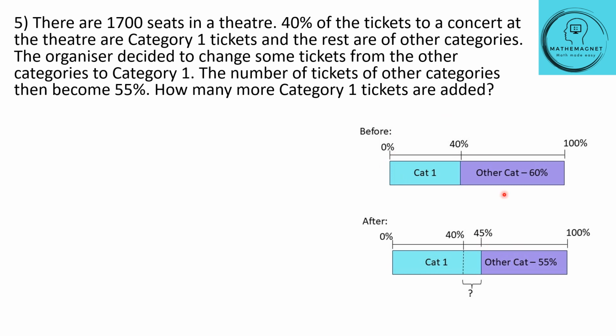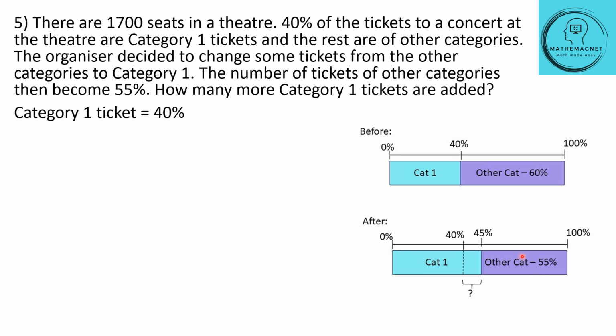Now what they are saying, the earlier 40% was category 1 and the remaining was other category. So basically 100 minus 40, 60% belongs to the other category. Now after converting certain tickets from other category to category 1, other category becomes 55%. So how many more category 1 tickets are added?